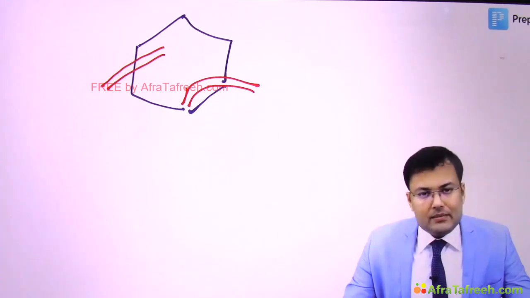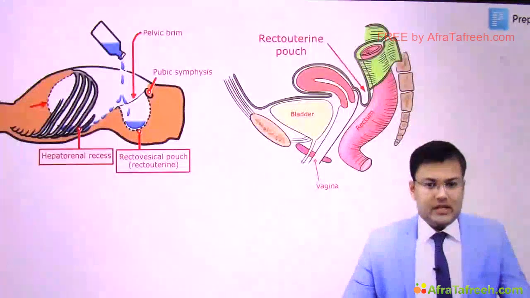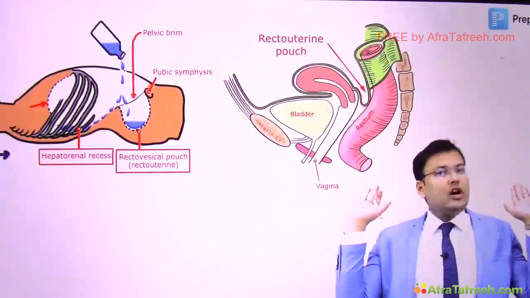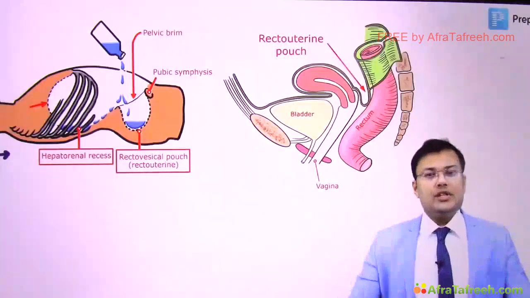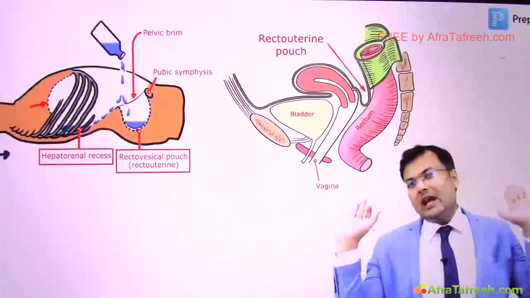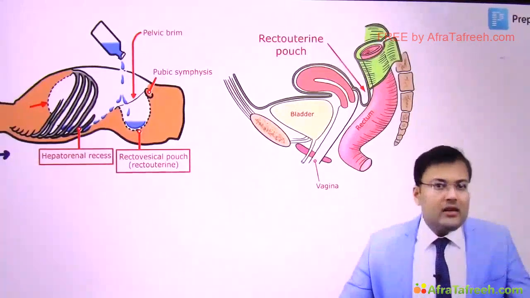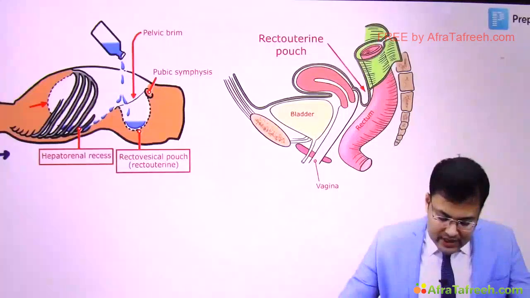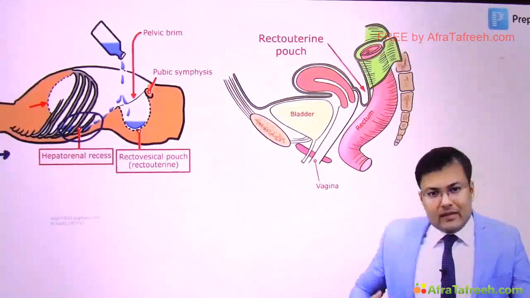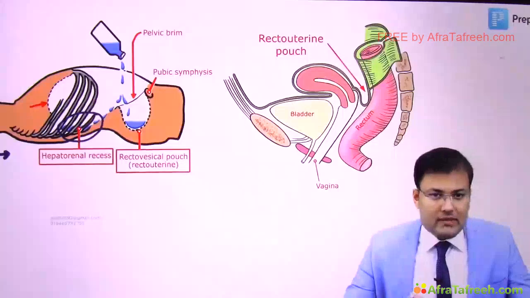Okay, there is very simple logic. Now see these two images. Here you can see that the patient is in the lying down position or recumbent position. So what is the most dependent cavity when the patient is in the lying down position? And you can see here it's the hepato-Morrison pouch, which is also known as right subhepatic space. This is the most dependent cavity.